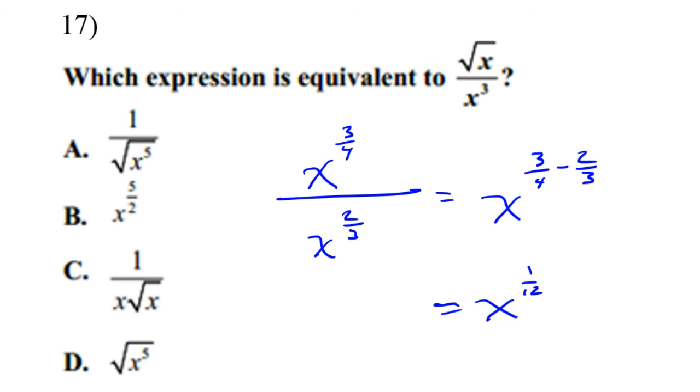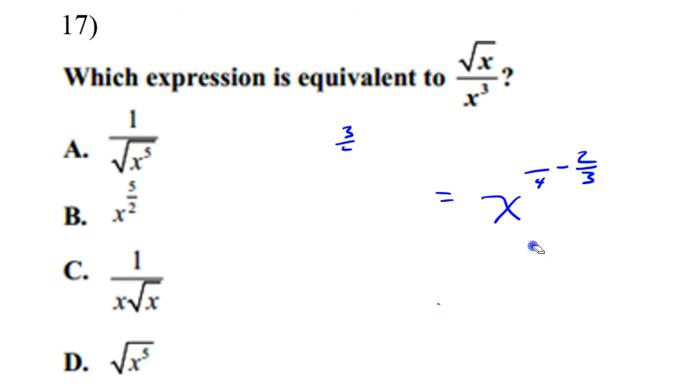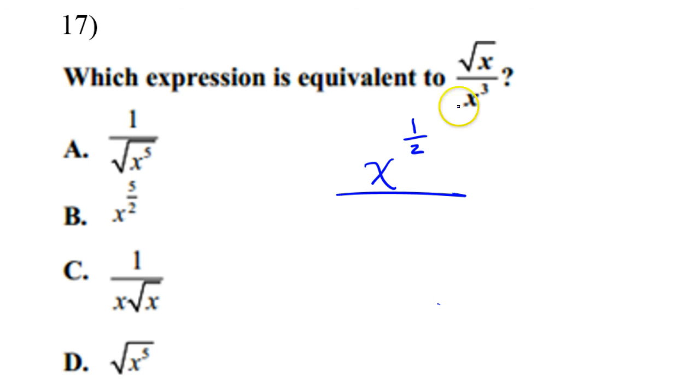So why am I mentioning this now? Because the square root of x is the same thing as x to the 1/2 power. Alright, that's something you should have memorized. So I have the square root of x, which is x to the 1/2 power, over x to the 3rd power. Like I said, you can subtract: x to the 1/2 minus 3 power.